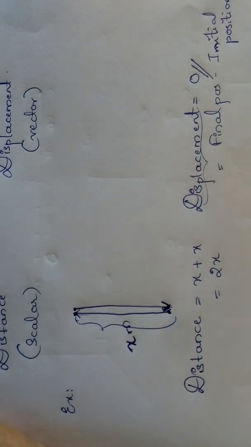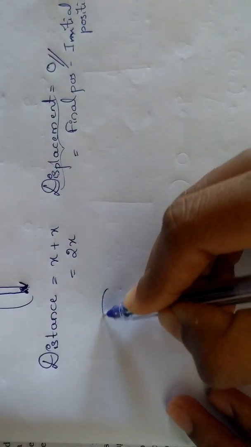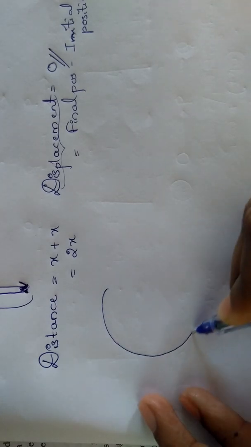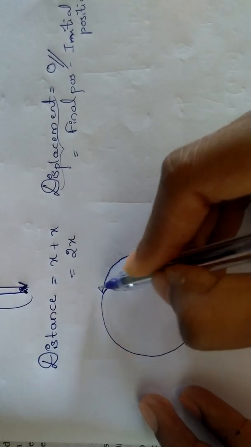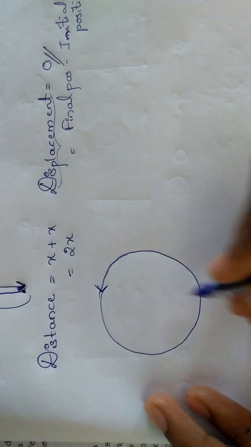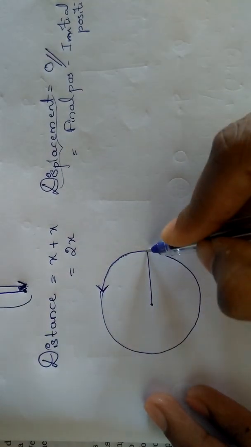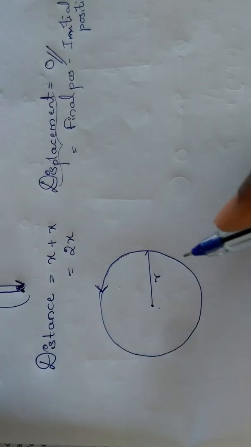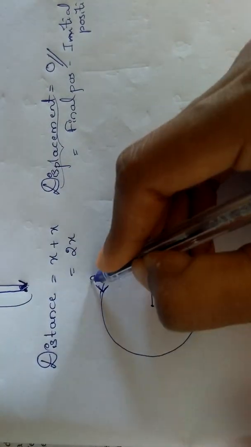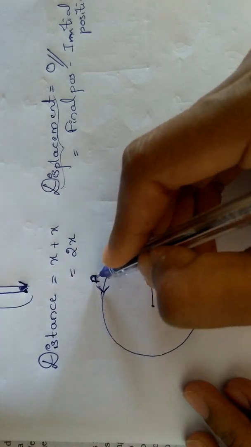Say another example, the body is moving in a circular path. Let the radius be r, and let A be the object.